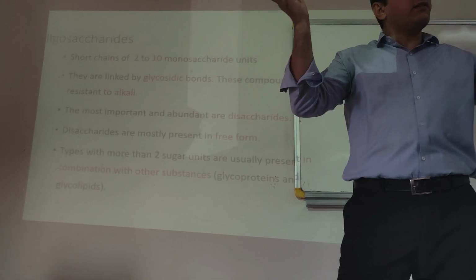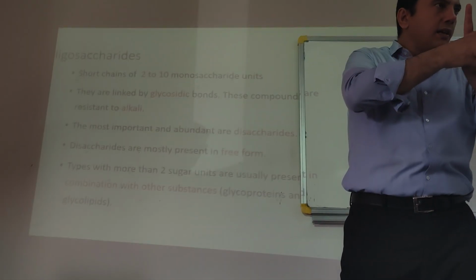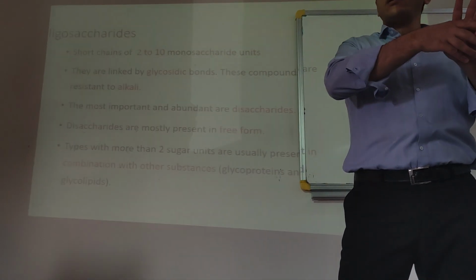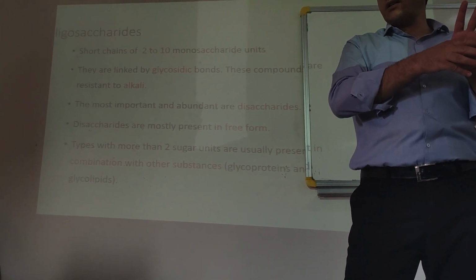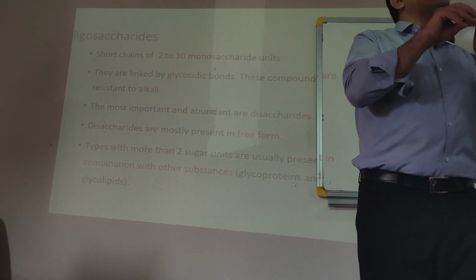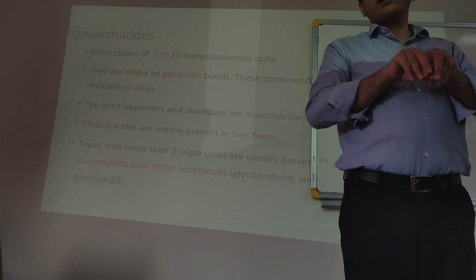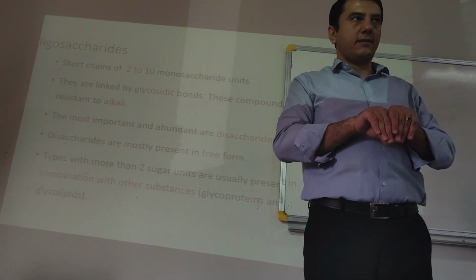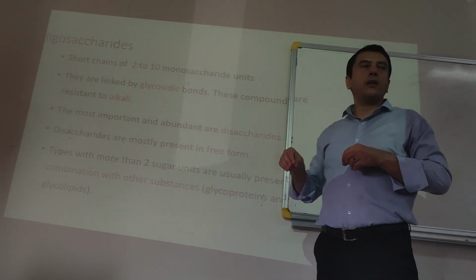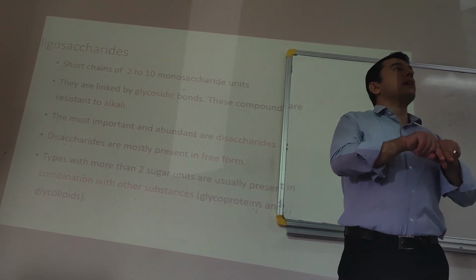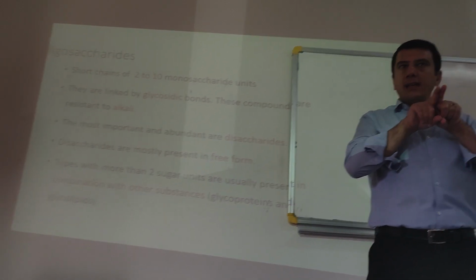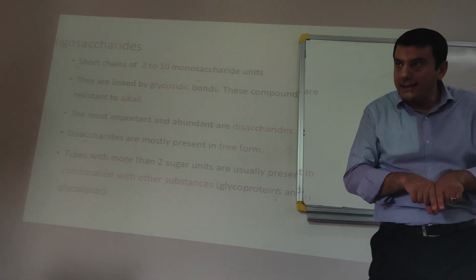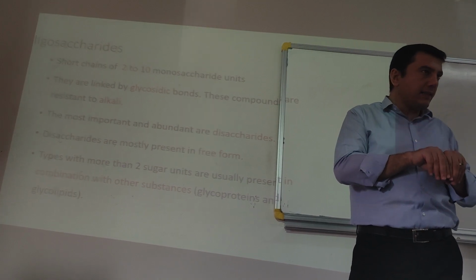You can find a tetrasaccharide with a lipid, with a fat. Such oligosaccharides are not free in blood, like disaccharides. Disaccharides are free and can be found in your bloodstream.